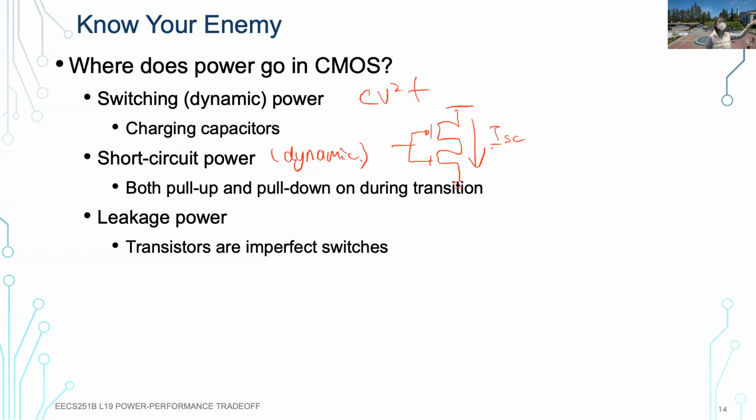It used to be a big issue, and there were a lot of optimizations to work around short circuit power, but it's getting less important, especially in more advanced technology. Why is it getting less important?